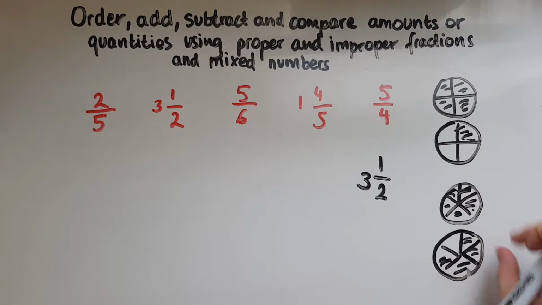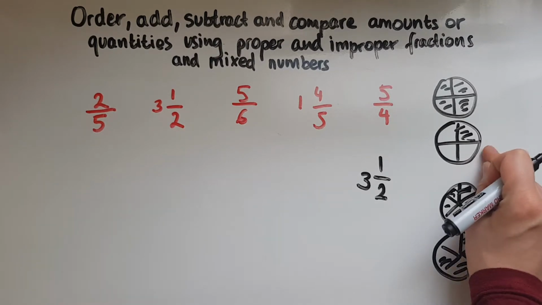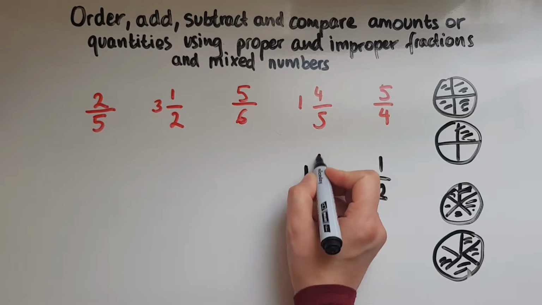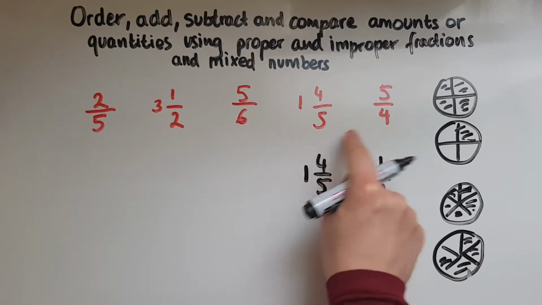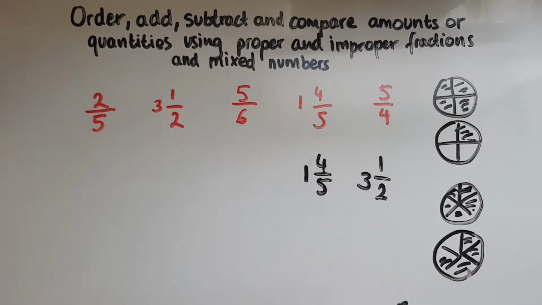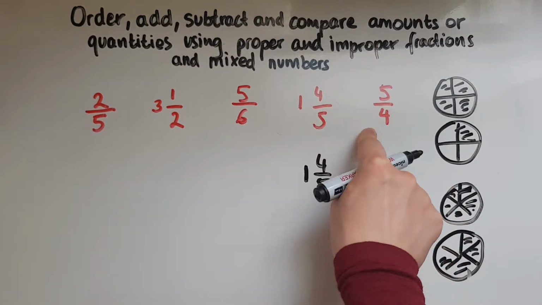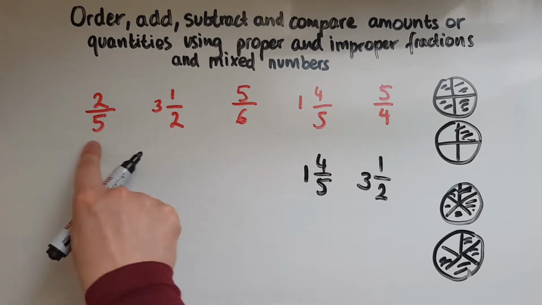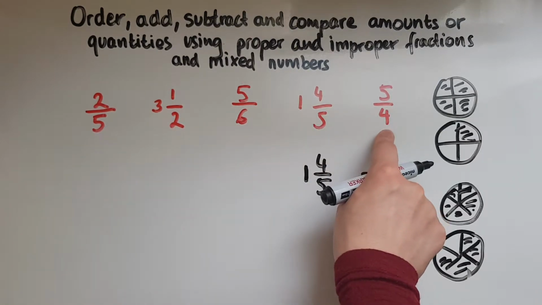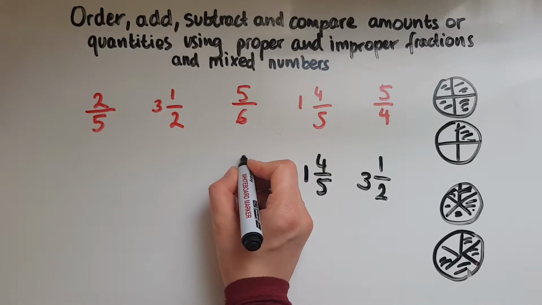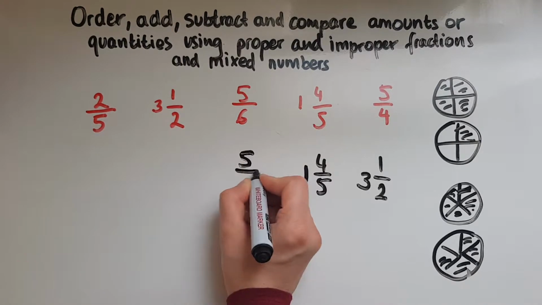So this is definitely bigger than this one. So we're safe to say that 1 and 4/5 is greater than 5/4. But again, 5/4 is actually bigger than those two because this is the only one that is greater than a whole. So I can place this as well here.